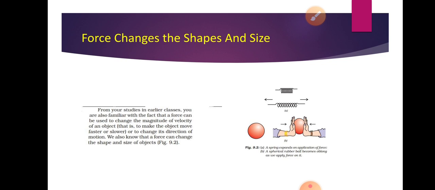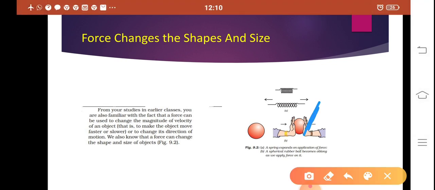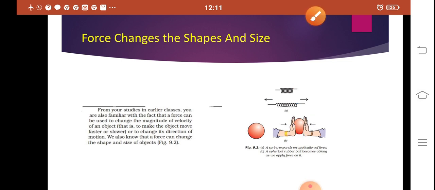When we change the velocity due to force, the object can move faster, or the object can move slower. Sometimes, when we are pressing and apply force, you can change the size. When you are applying force to a spring and pull this side, you can change the shape. So force is a very important physical quantity.